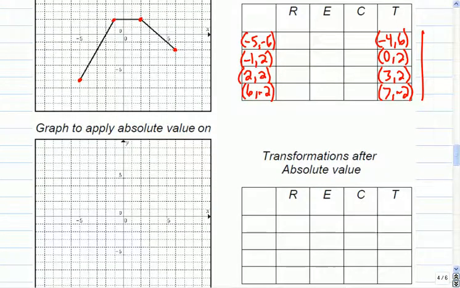Okay, so if I was to do this here, I'm now at -4, -6, which is here. I'm at 3, 2, and finally at 7, -2. Okay.